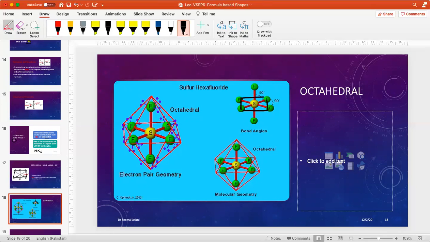You see it like this: a square, and then you connect like this. So this is the octahedral shape. What's the difference between these two diagrams, the electron pair geometry and molecular geometry? In electron pair geometry you have to show all the bonding and non-bonding pairs. Here you just show the bonding ones, right?